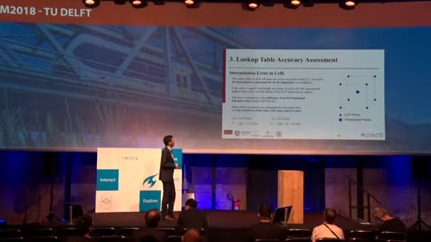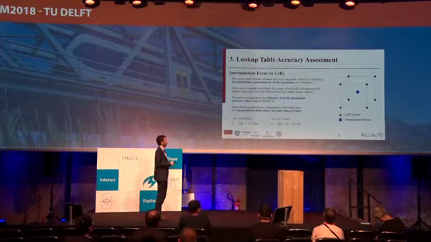And then we wanted to quantitatively assess the accuracy. So we compared the result of the interpolation of the lookup table in those points which you see here shown in blue, the centers of hypercells.